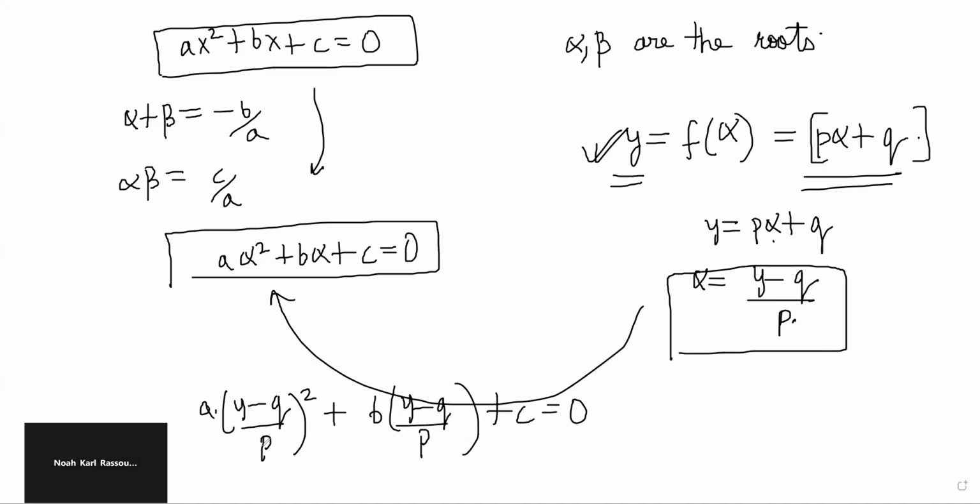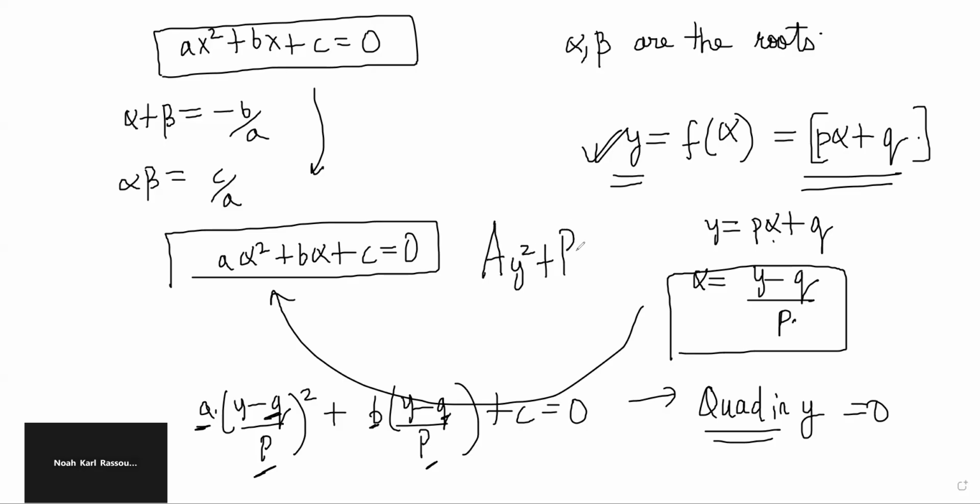And notice that after simplifying everything, this will look like a quadratic in y, and it will be equal to 0, which means y is a root of that quadratic. Let's say after simplifying everything, all of these are constants, by the way. After simplifying everything, it looks like A y square plus capital B y plus capital C is 0.